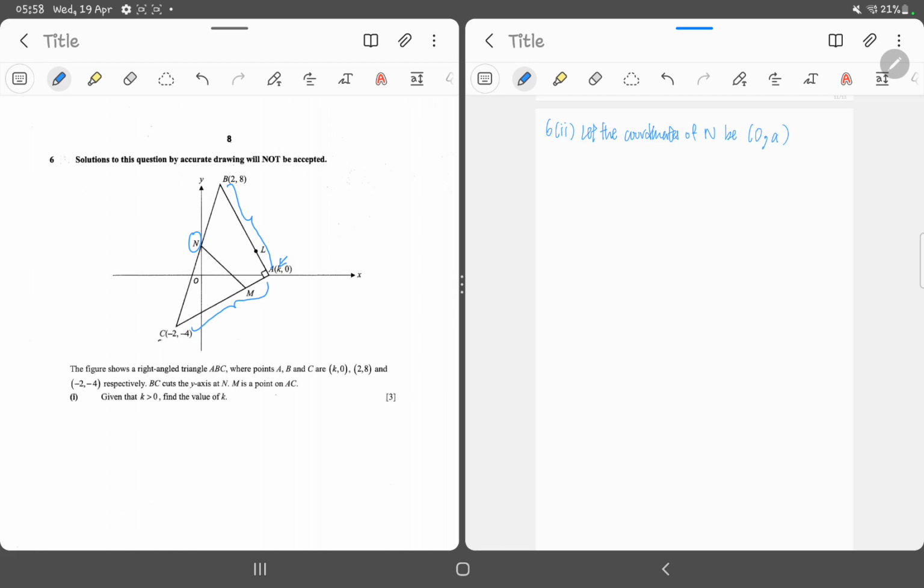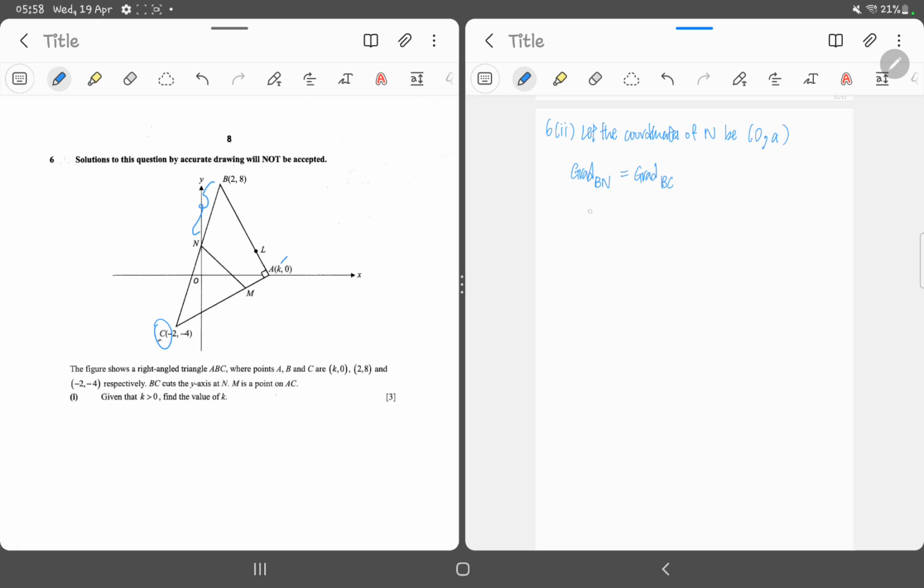We can clearly see that B, N, and C all lie on the same straight line BC, which means that the gradient BN, using point B and point N, equals the gradient BC. To find gradient BC, we use point B and point C.